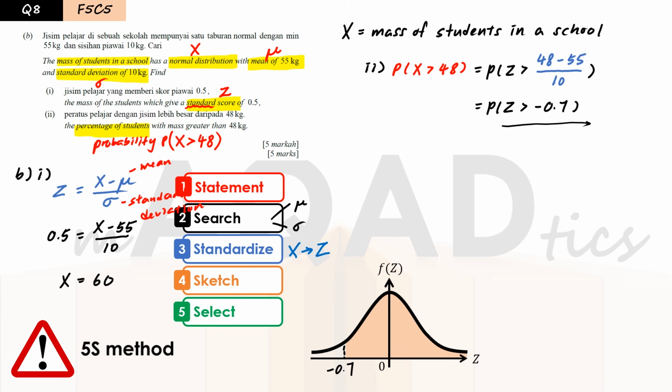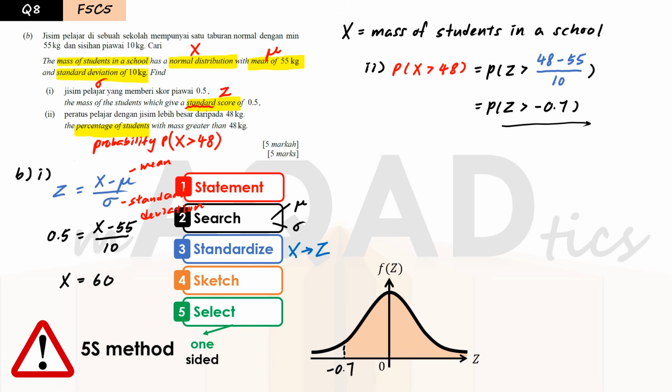And the last S is select. Select means using this shaded region, we go to the normal probability distribution tables to find the correct probability. But first, we need to make sure this shaded region satisfies two criteria. The first criterion is that it must be one-sided, meaning the shaded region must be either the left side or the right side only.